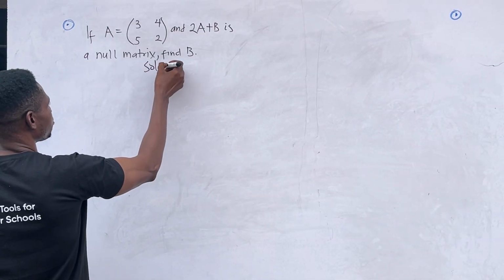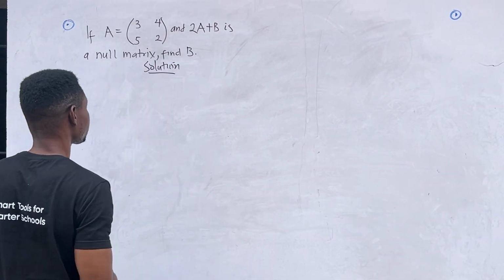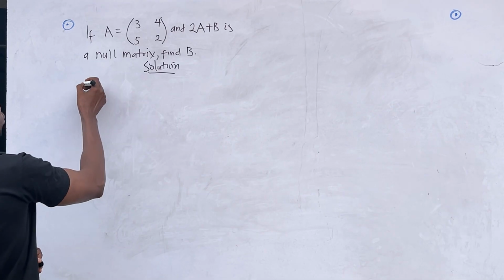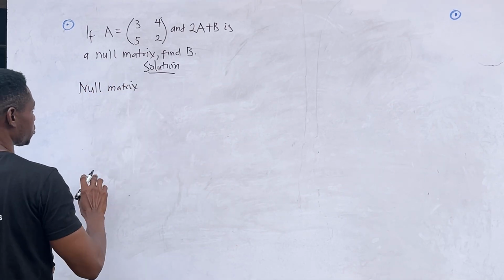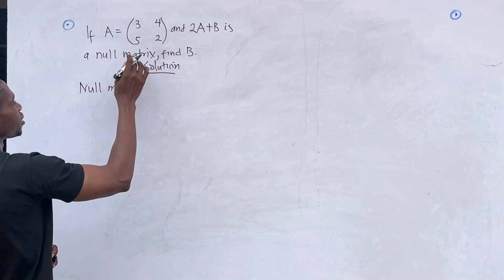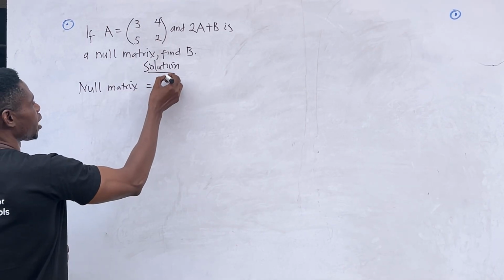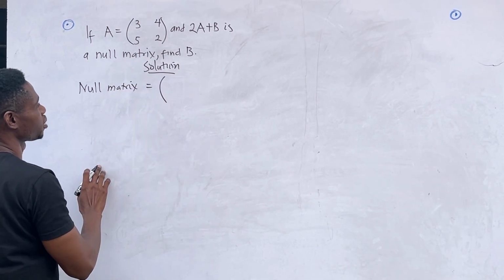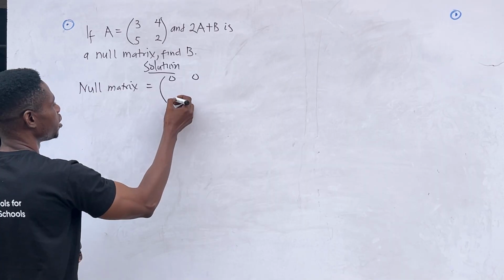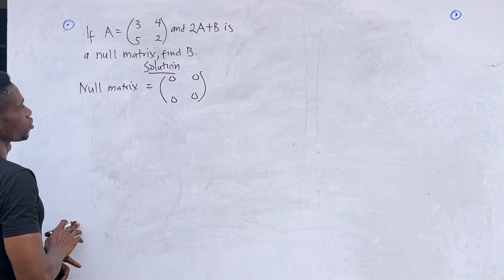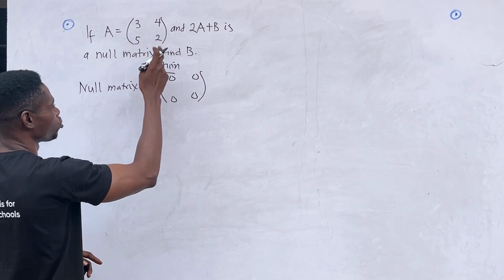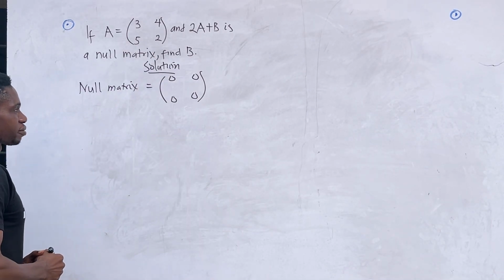All right. Now, when they say null matrix, in the 2 by 2 sense, it is a 2 by 2 matrix in which all the elements are 0. So this is a null 2 by 2 matrix.